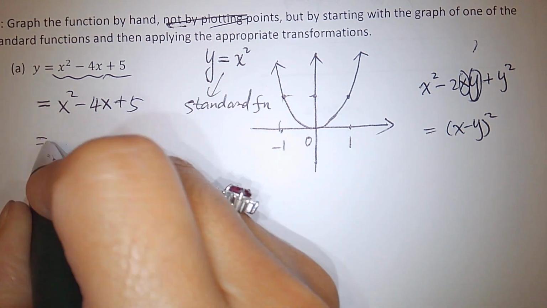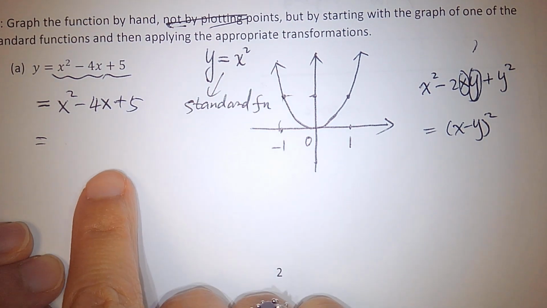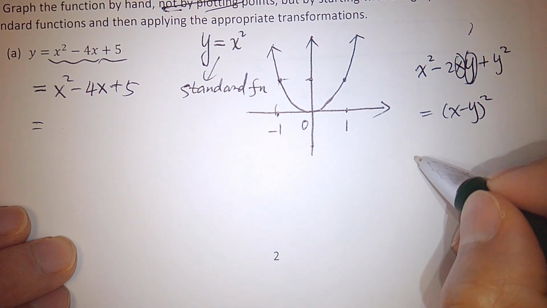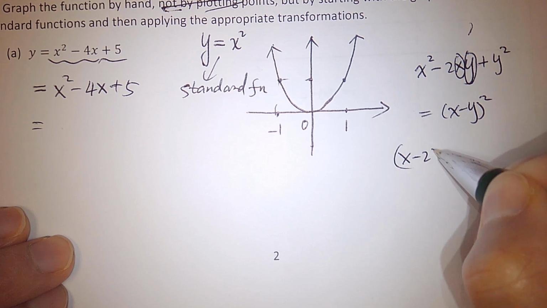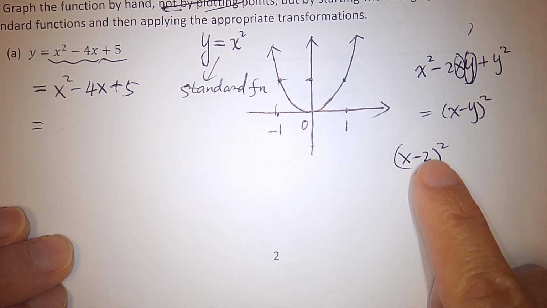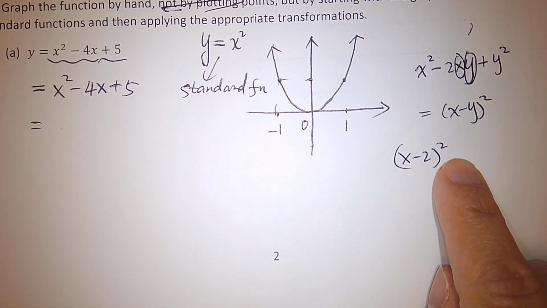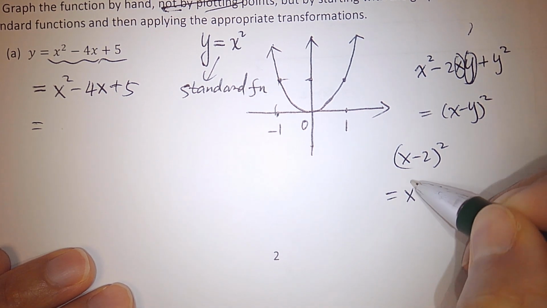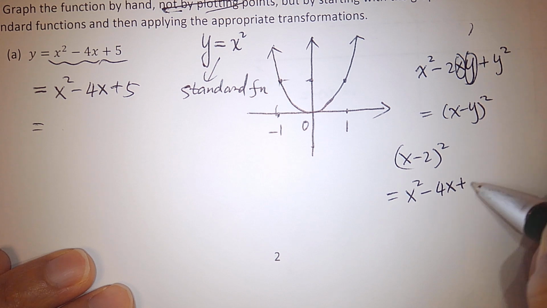So we can say negative 2xy is equal to negative 4x. I'm going step by step here. And then we can solve for y. Dakota suggests we do x minus 2, squared. That's where we end up. So x squared minus 4x plus what? 4.